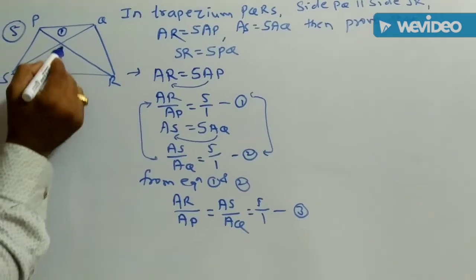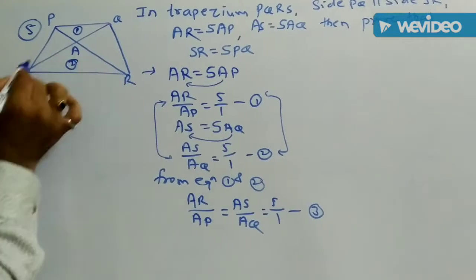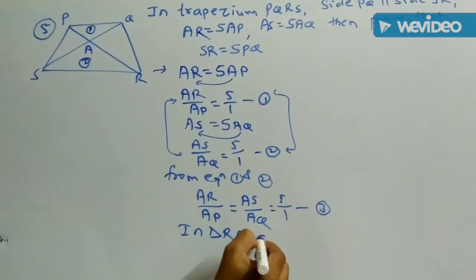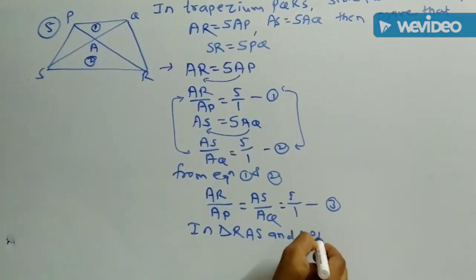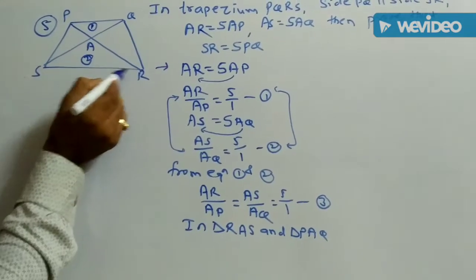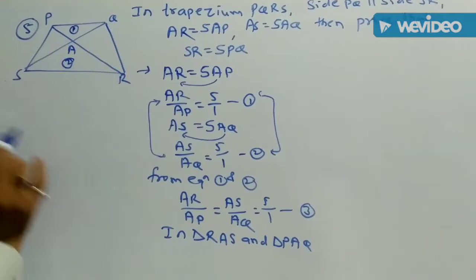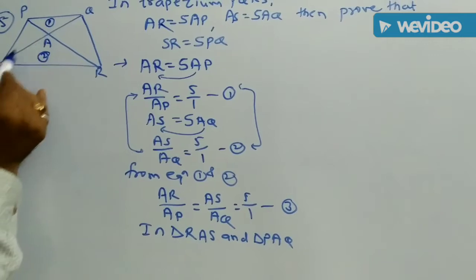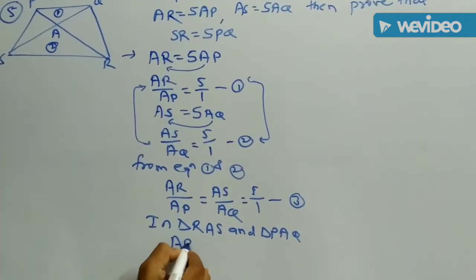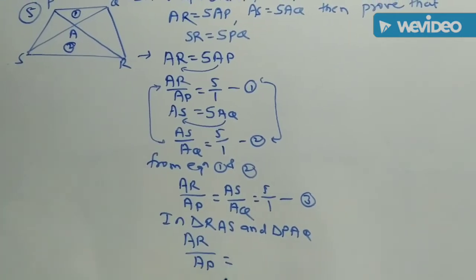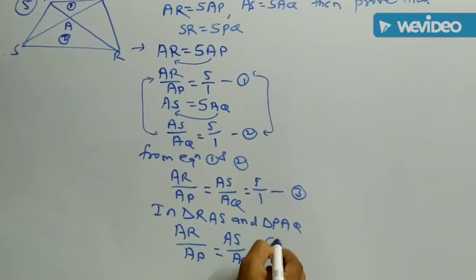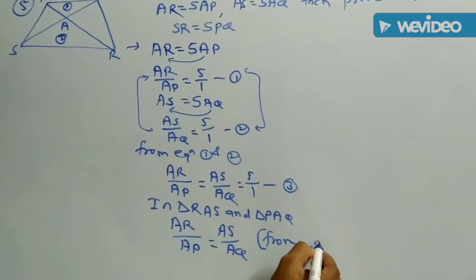Now in triangles RAS and PAQ, these two proportions, AR upon AP and AS upon AQ, are in the same proportion, and we take this from equation 3.